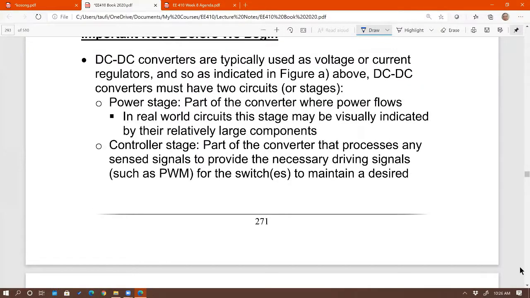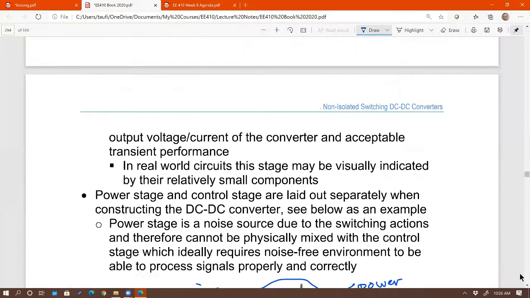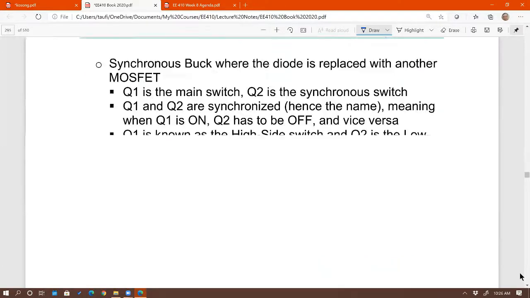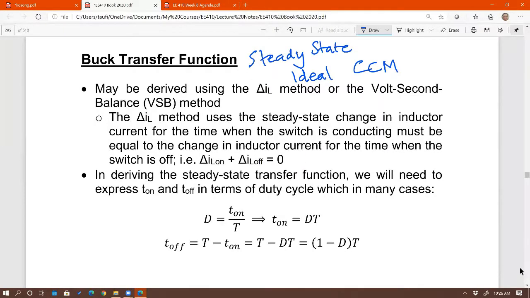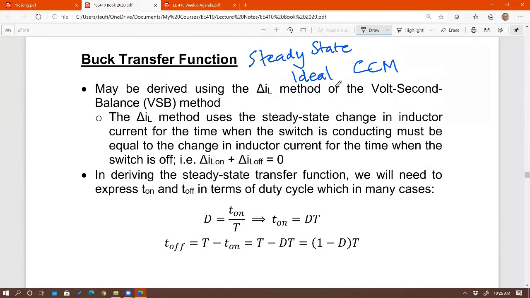So the steady state analysis that we're doing in this class is going to be based on CCM only, not DCM. And again, the reason is that the majority of DC to DC converters are designed based on CCM. Okay, right there: steady state, ideal, and CCM.